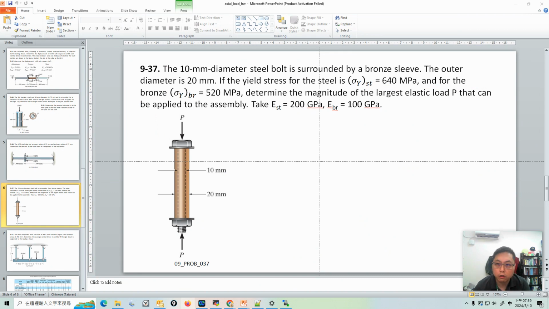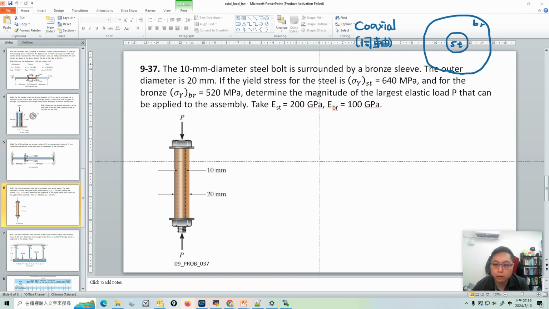So he said this is a coaxial system. The coaxial looks like this. If you don't know coaxial, in Chinese it means 同轴. In the coaxial system, the sleeve is made of bronze, so the shell is bronze and the core is steel.